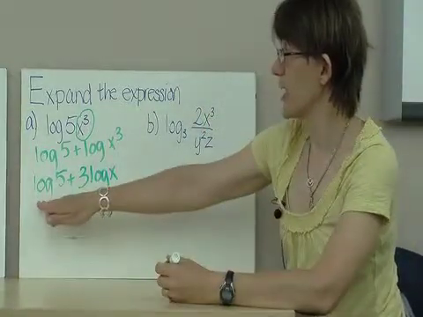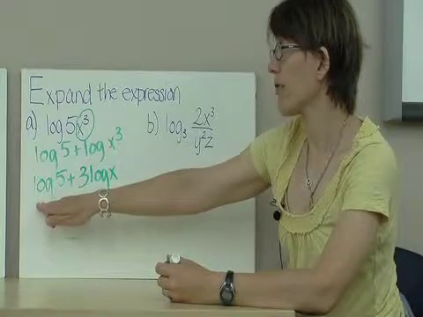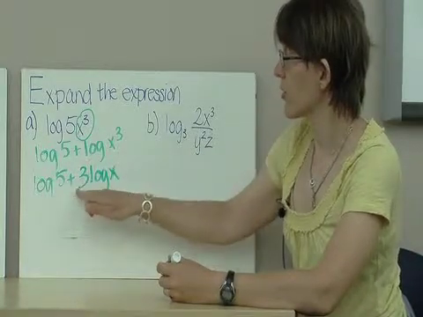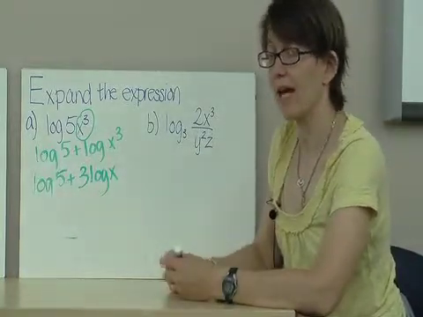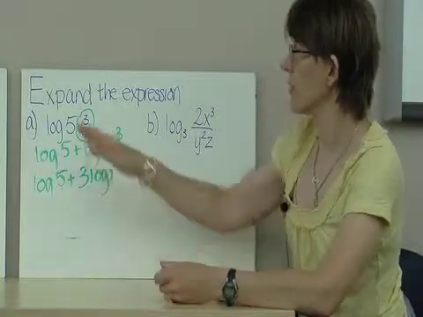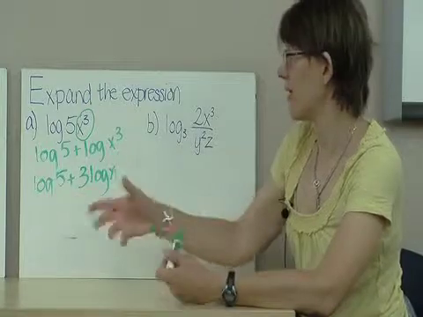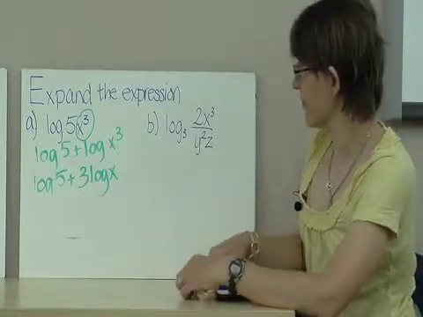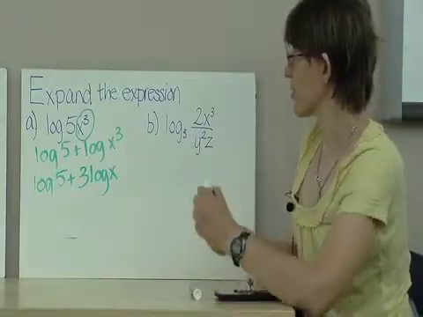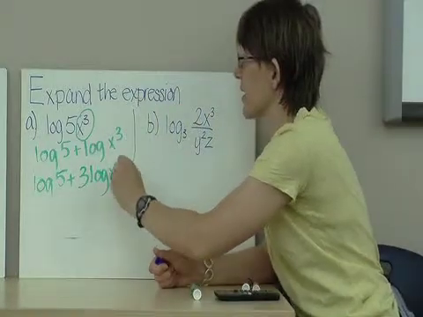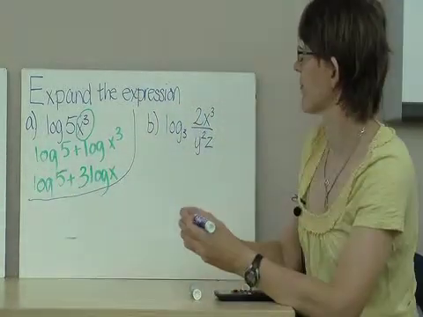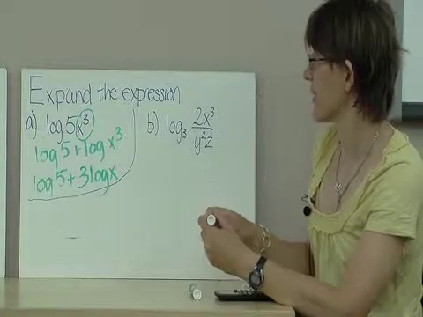So my expression expanded is log of 5 plus 3 times log of x. When you're asked to expand the expression, you do not need to evaluate log of 5, even though you could. You don't have to. Now our other expression in part B is going to take up some more room because there's a lot of stuff going on here.